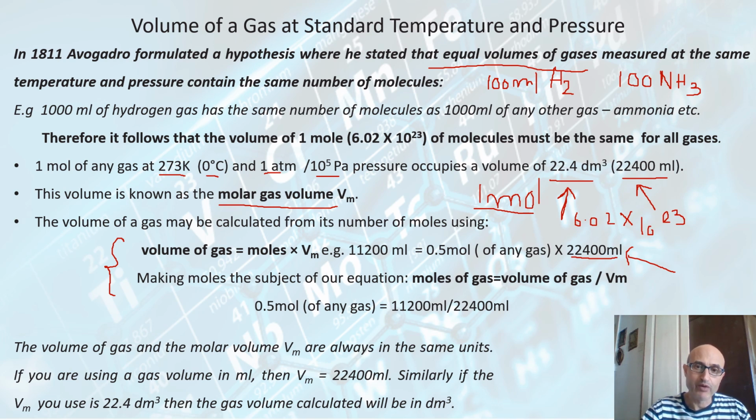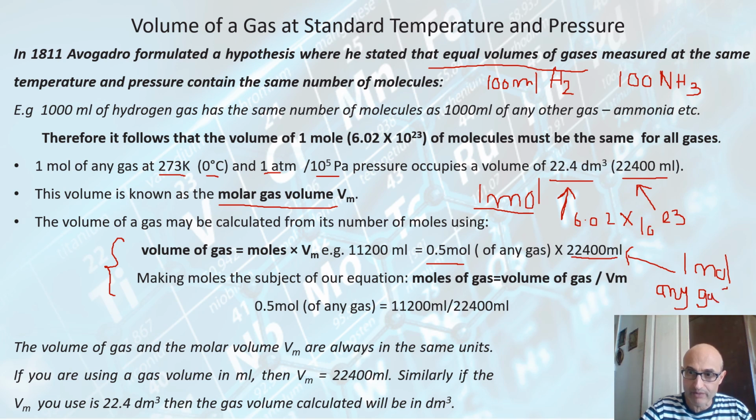Since 22,400 mils is the volume taken up by 1 mole of any gas, so 1 mole of any gas at STP has that volume.